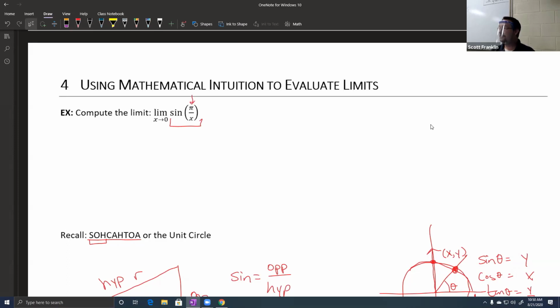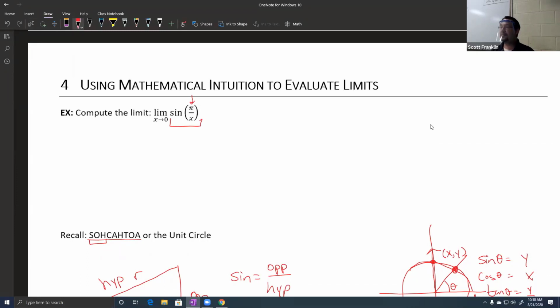X is on bottom, and the bottom of a fraction is going close to 0. So it's getting smaller and smaller, close to 0. What happens to a fraction if its denominator gets smaller? It gets bigger, right? So the whole fraction inside here is getting bigger and bigger and bigger.